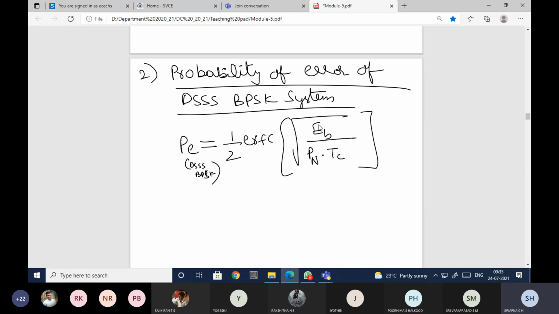Here Eb is nothing but energy per bit, and Tc is nothing but the time period of the PN sequence. And PN is nothing but average noise interference power.